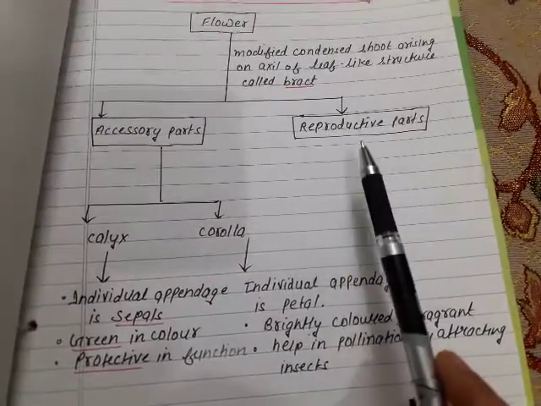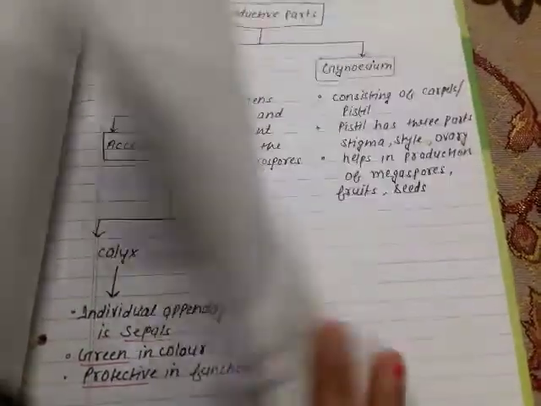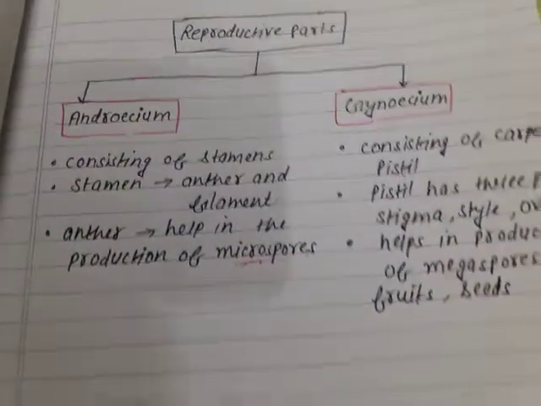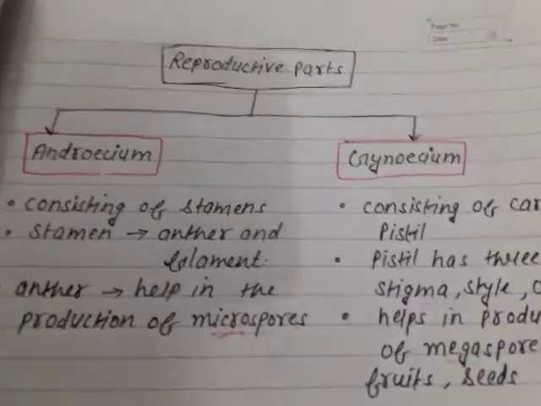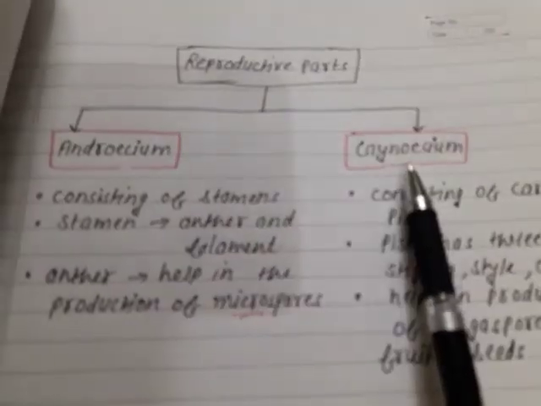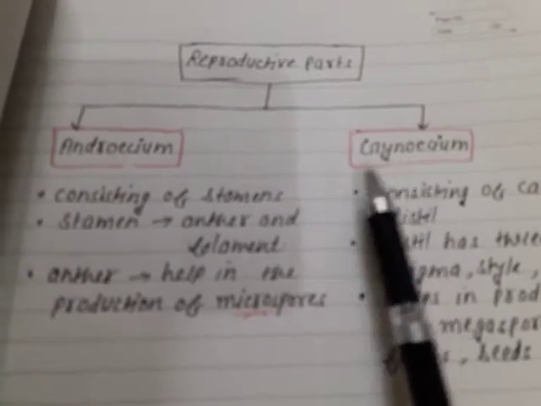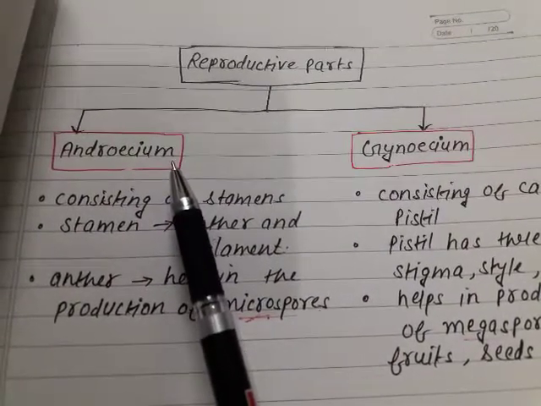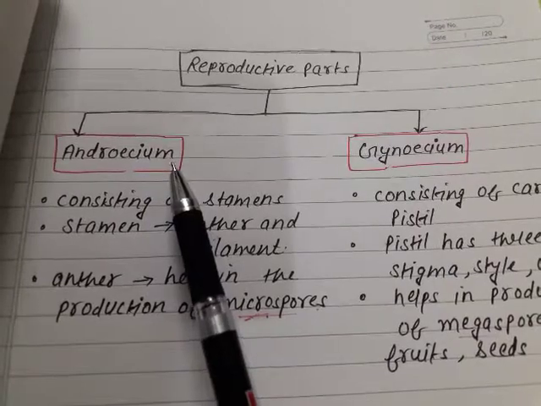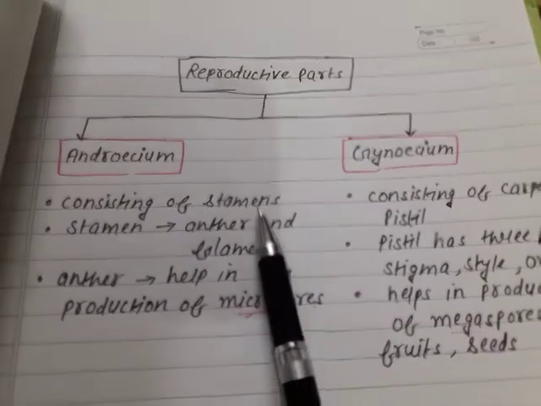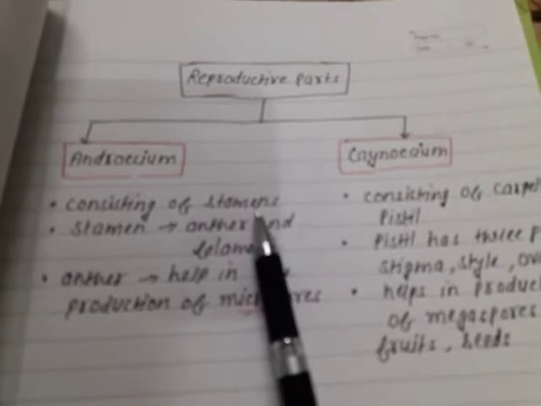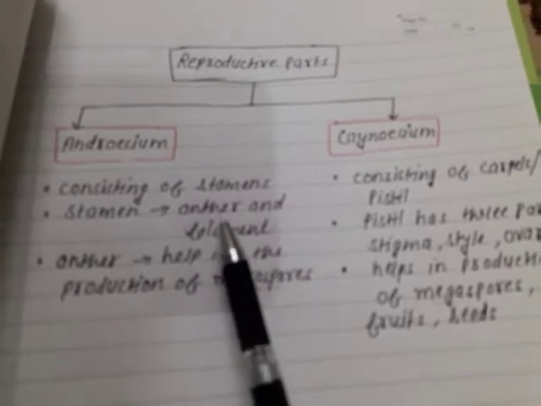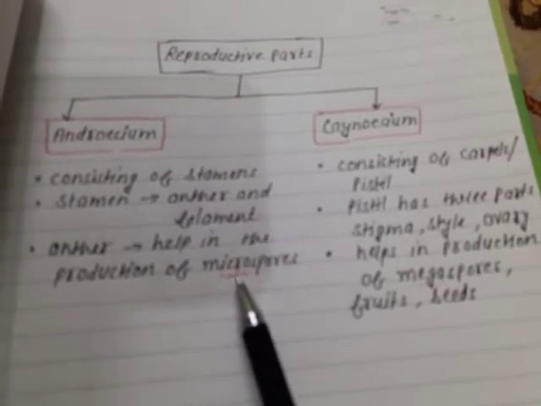Next are the reproductive parts. The male reproductive part is called the androecium and the female reproductive part is called the gynoecium. The androecium is the male reproductive part and its individual appendage is known as a stamen. The stamen is composed of two parts, that is anther and filament, and the anther helps in the production of microspores.